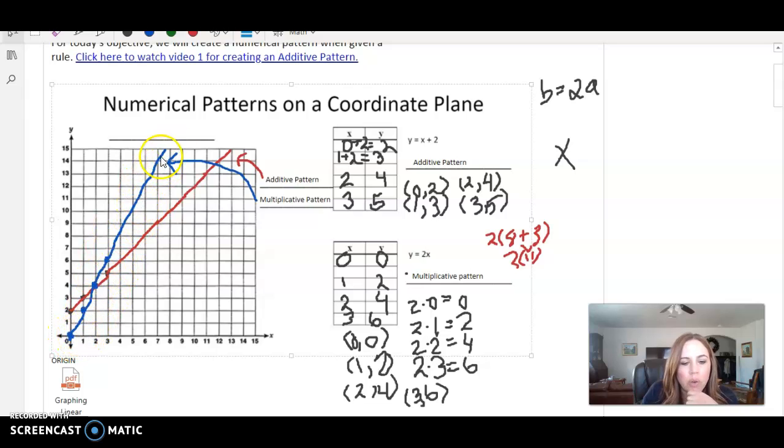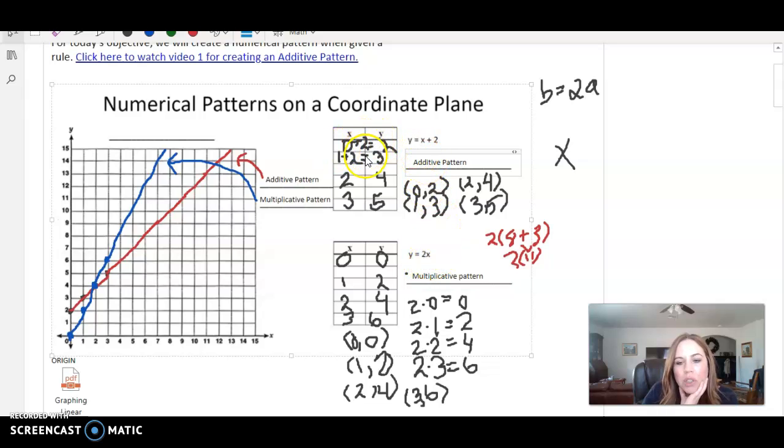So tomorrow we're going to be actually given a line and a pattern, and you're going to tell me, is it additive or multiplicative? So today you were given a rule, and by the rule we can decide whether it's additive or multiplicative, right? Because an additive pattern will be adding, and a multiplicative pattern will be multiplying.